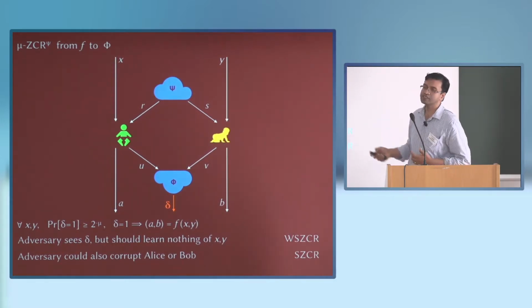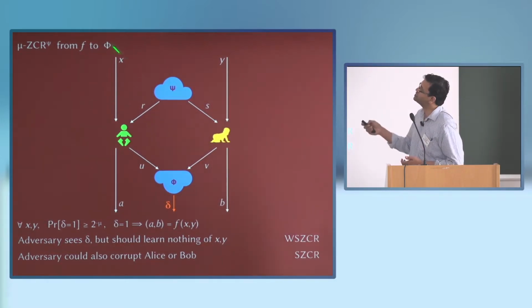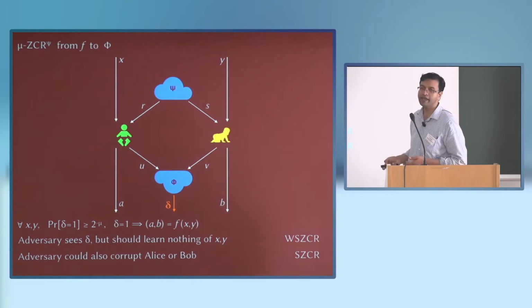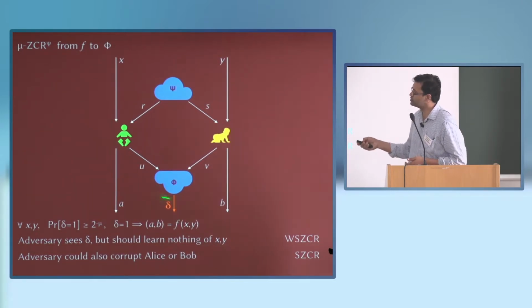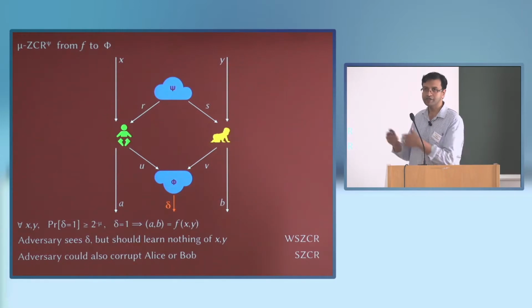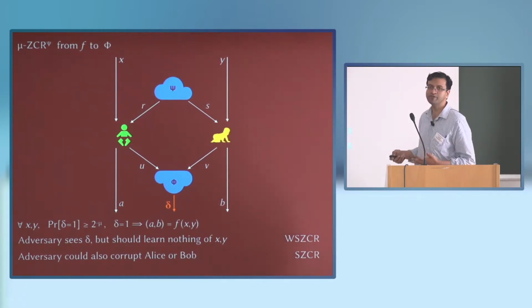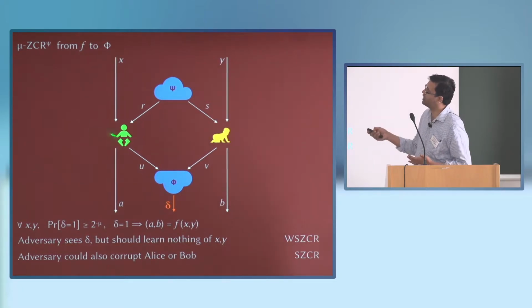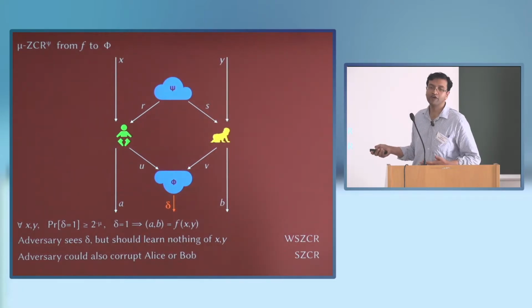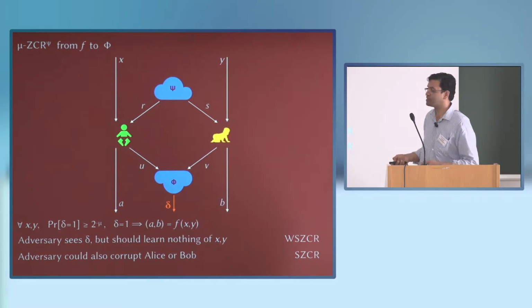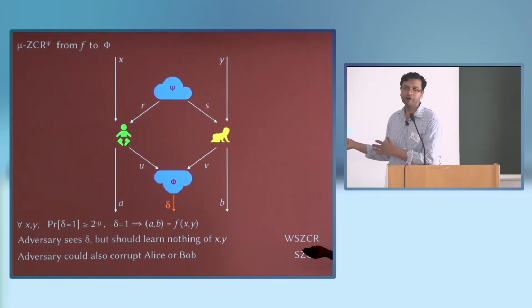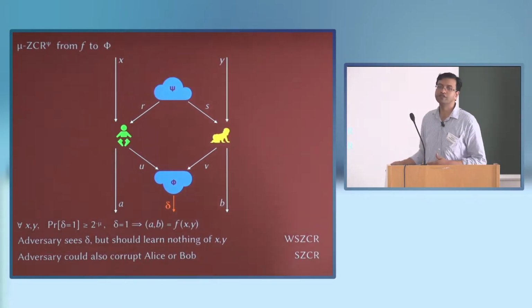Imagine Alice is corrupt. What does she see? She sees x, r, u, A, and we are still allowing her to see delta. All of that should reveal nothing to her beyond what she's allowed to learn, namely x and f of x, y. She's allowed to learn f of x, y. And similarly for Bob. That is the secure ZCR.